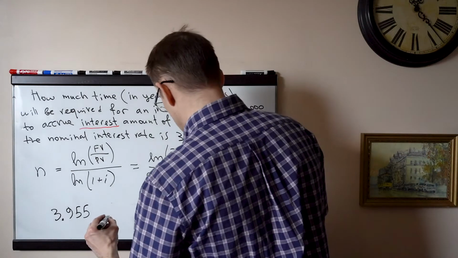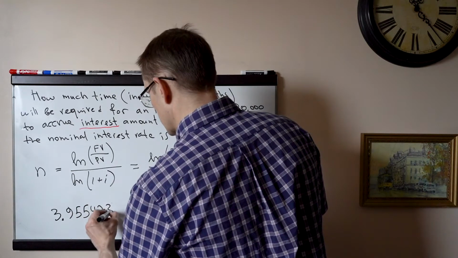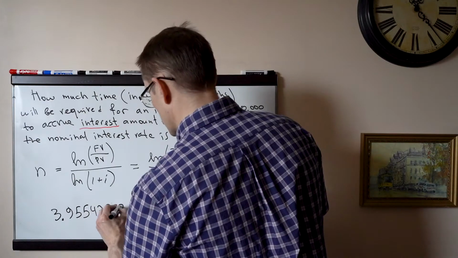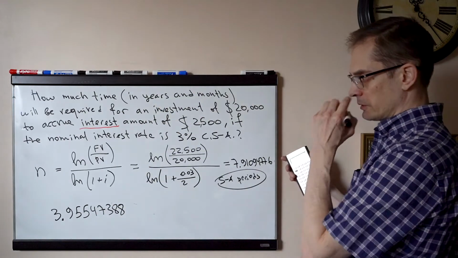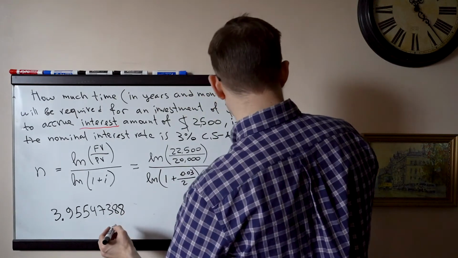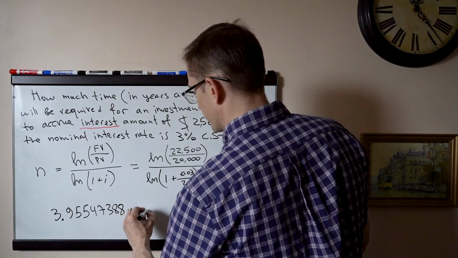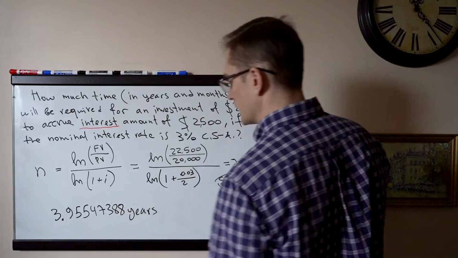Okay, let me just write it all here, just because maybe you want to verify everything as you listen to this class. So 3.9554738 years, right? So that's how many years.